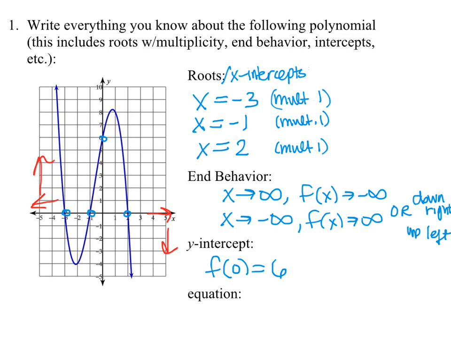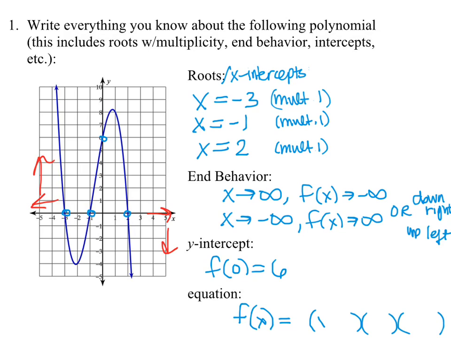If I wanted to write out the equation, first off, an equation always has to have an equal sign. Otherwise, it's not an equation, it's just an expression. I'm going to have 3 factors because I had 3 x-intercepts. We change the sign to get the x-intercepts.